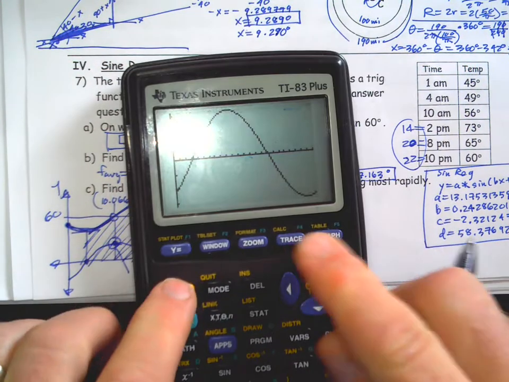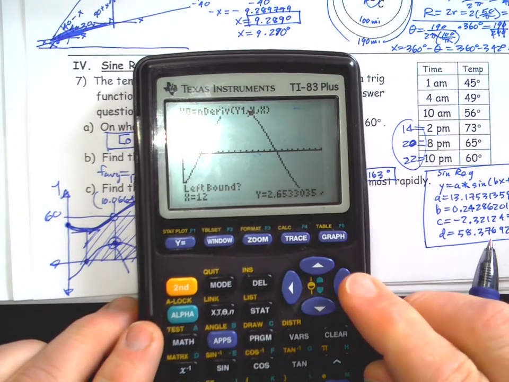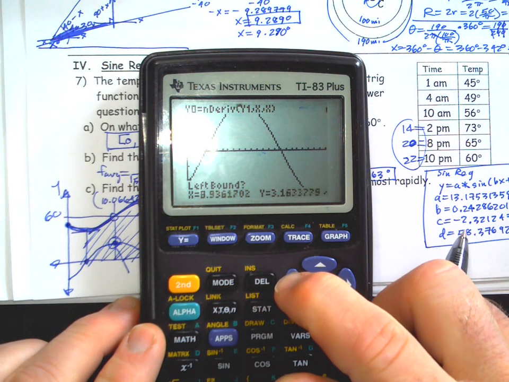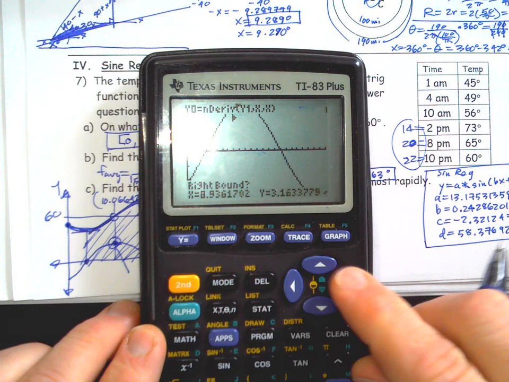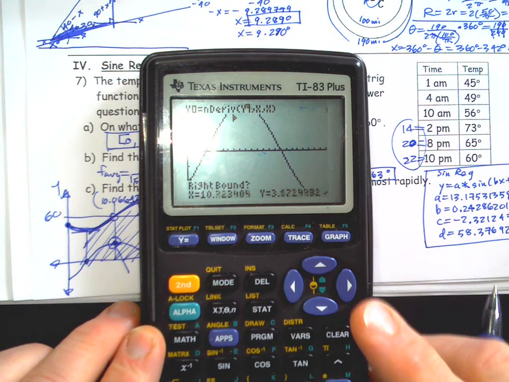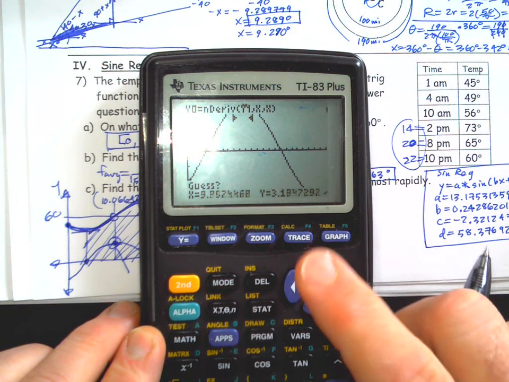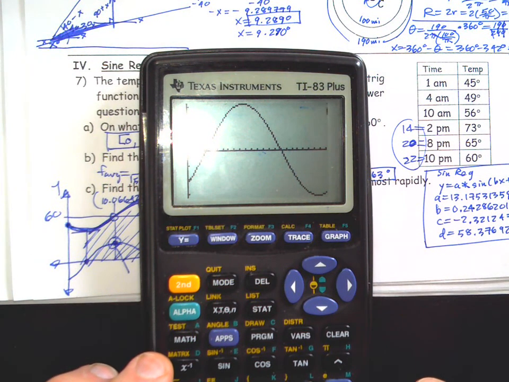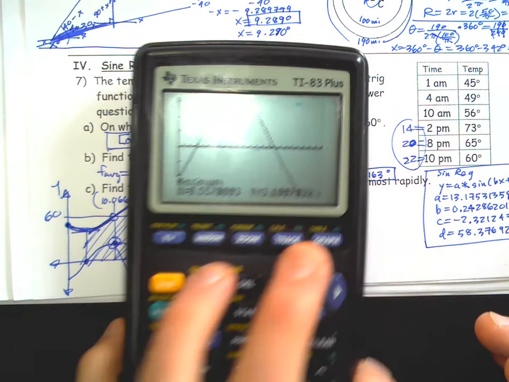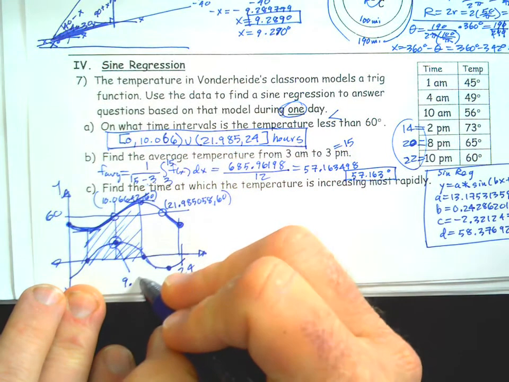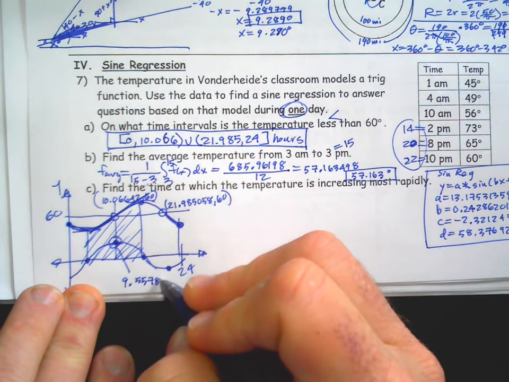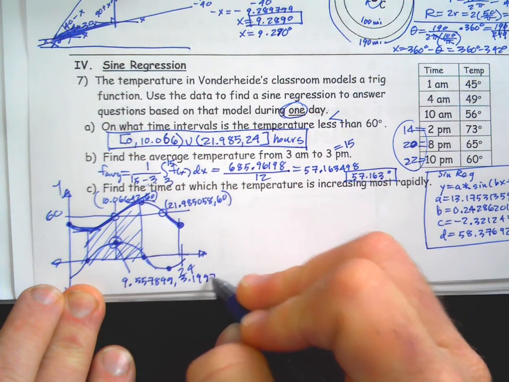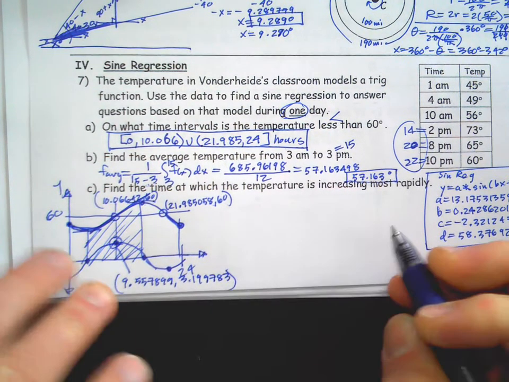So we're going to do second calculate maximum, and it's not super clear to me which numbers. Left bound, so make sure you're to the left of it, right bound, and guess should be between the left and right bounds. There's the answer. So that's going to be 9.557899, comma 3.199783.